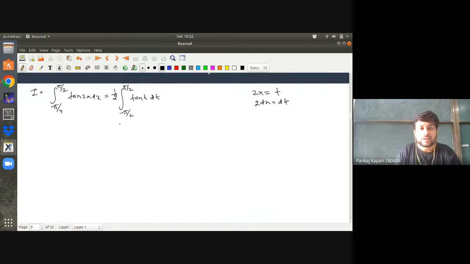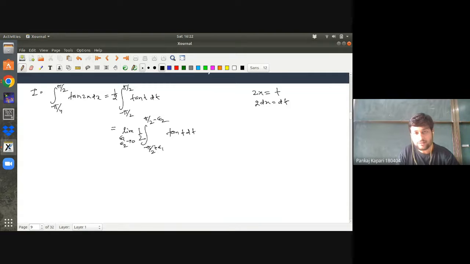Now to evaluate this kind of integral, we take something bigger than minus pi by 2, let's say minus pi by 2 plus epsilon 1, and something smaller than pi by 2, let's say pi by 2 minus epsilon 2, and then we take the limit, here half is there, epsilon 1 and epsilon 2 both go to 0, of tan t dt. First let's find what the integral is. Do you know what the integral is?